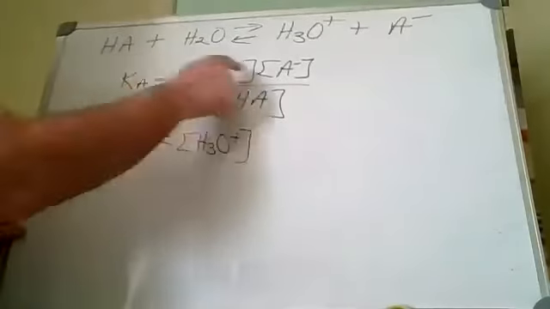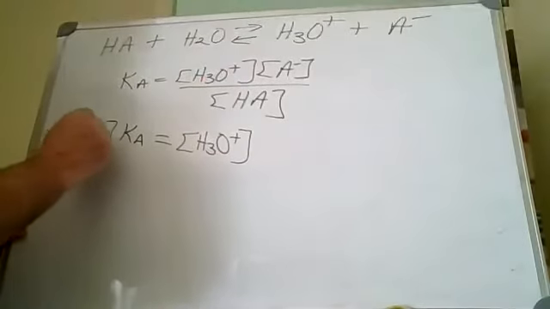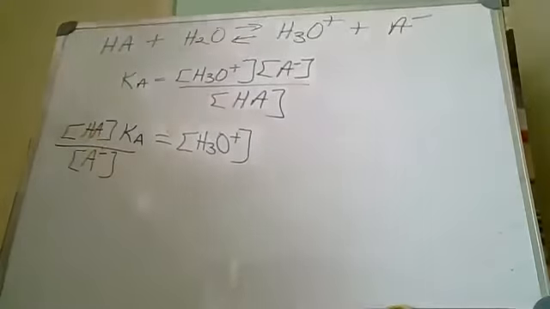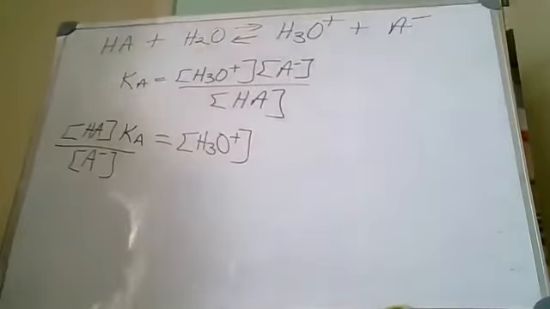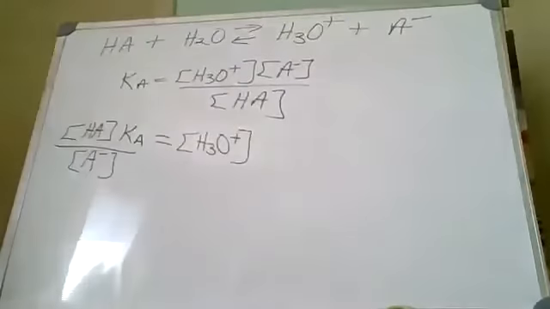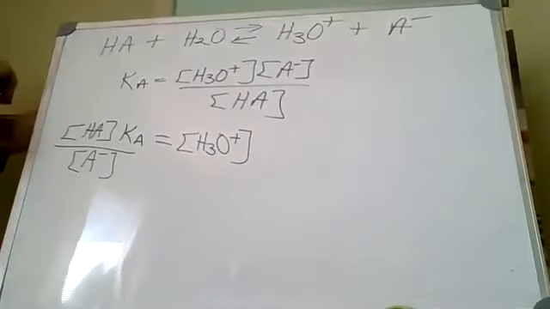We're going to move this over here and this down here, times HA divided by the conjugate base concentration. I'm going to run out of room already. All right, now let's just flip this around. Actually, I'm going to do that on the next point. We'll give you a chance to write this down, although you're never going to have to derive it.